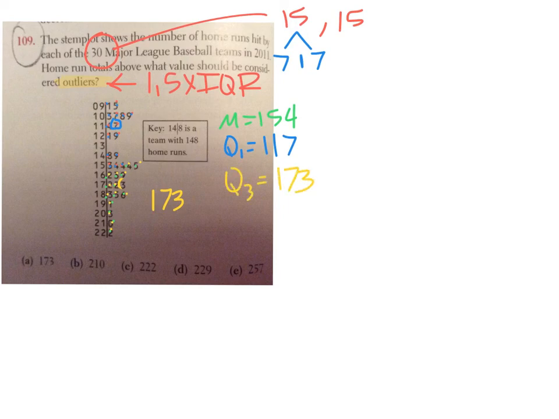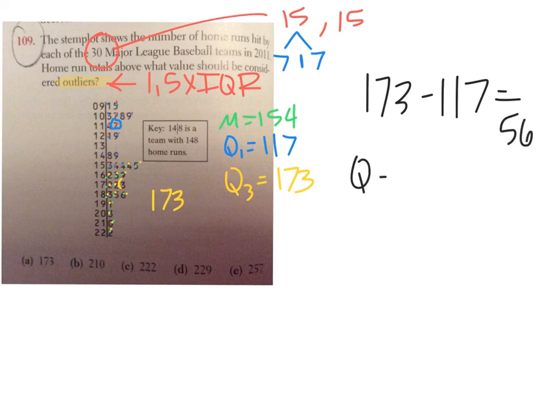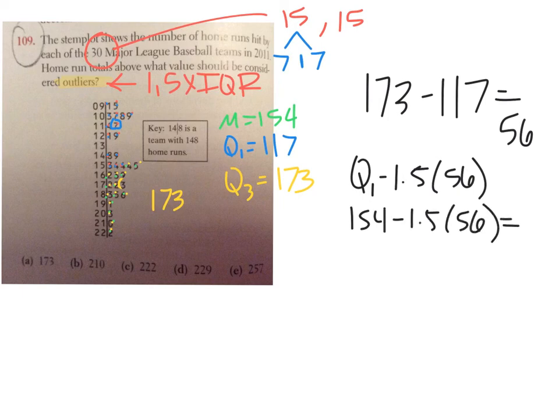And I need to find the IQR. 173 minus 117. Once I have my IQR, I can multiply it by 1.5. This is 56. So I need to do Q1 minus 1.5 times 56, which is 70.